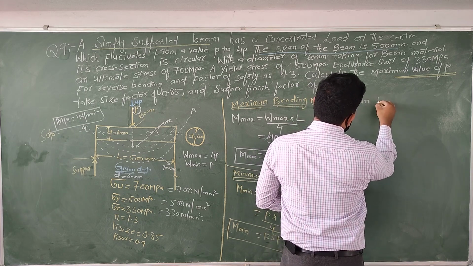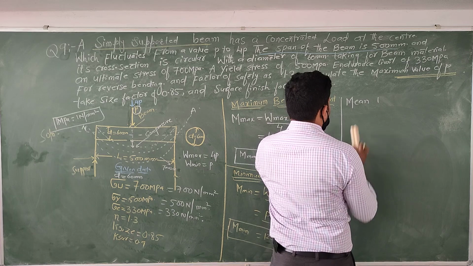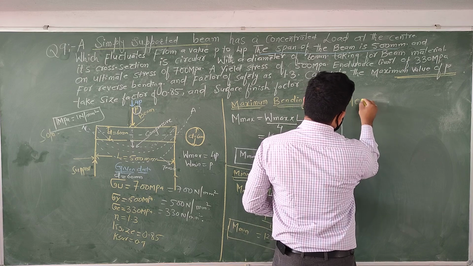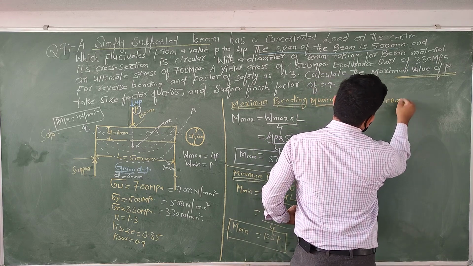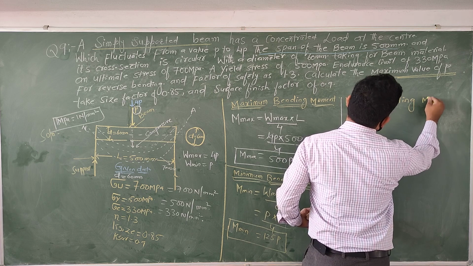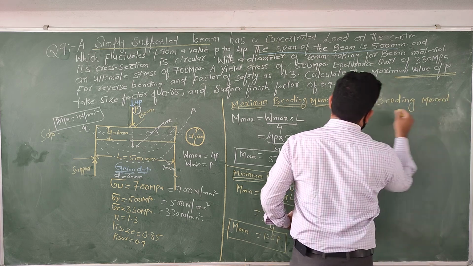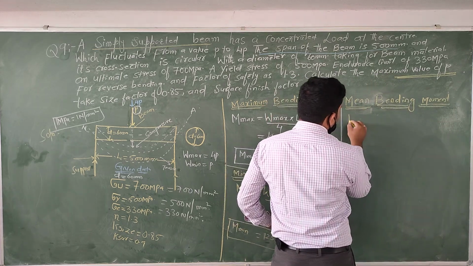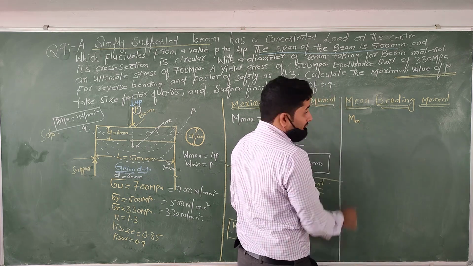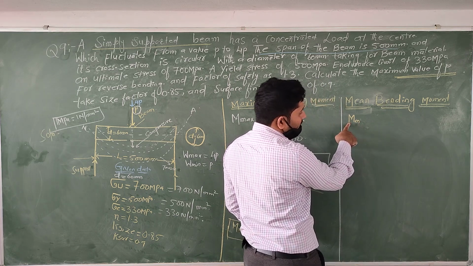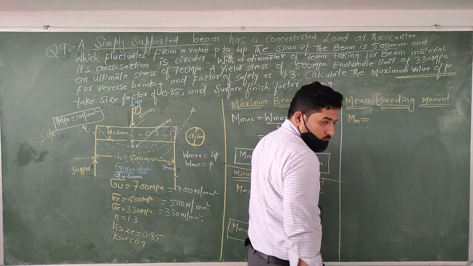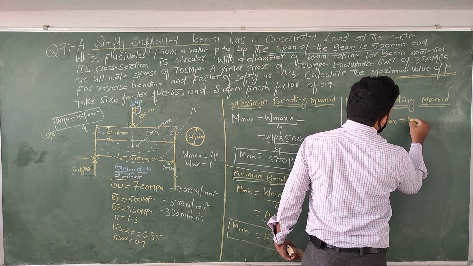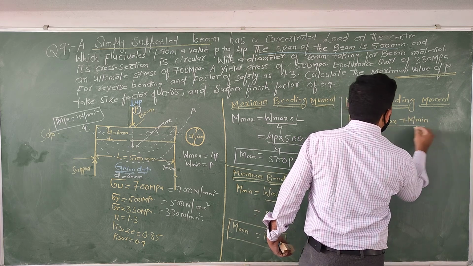Mean bending moment. Okay. If you want to find the mean bending moment, you need to use the formula Mm, where m indicates the mean bending moment. It should be equal to the maximum bending moment plus the minimum bending moment by 2.